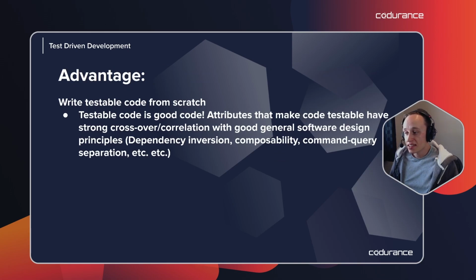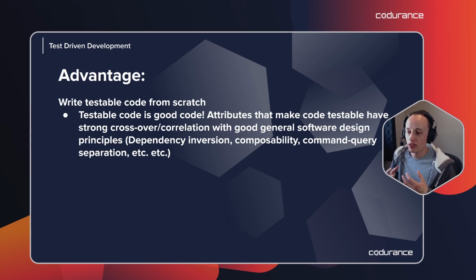And it allows you to write testable code from scratch, right? Because you're writing your tests first, your code is inherently designed to be testable. Any problems with the testability of a code, you're going to come across very quickly and you're going to solve it very quickly because you're writing the tests first, because your tests are covering the whole swathe of the problem space. And what's more, testable code is good code, right?